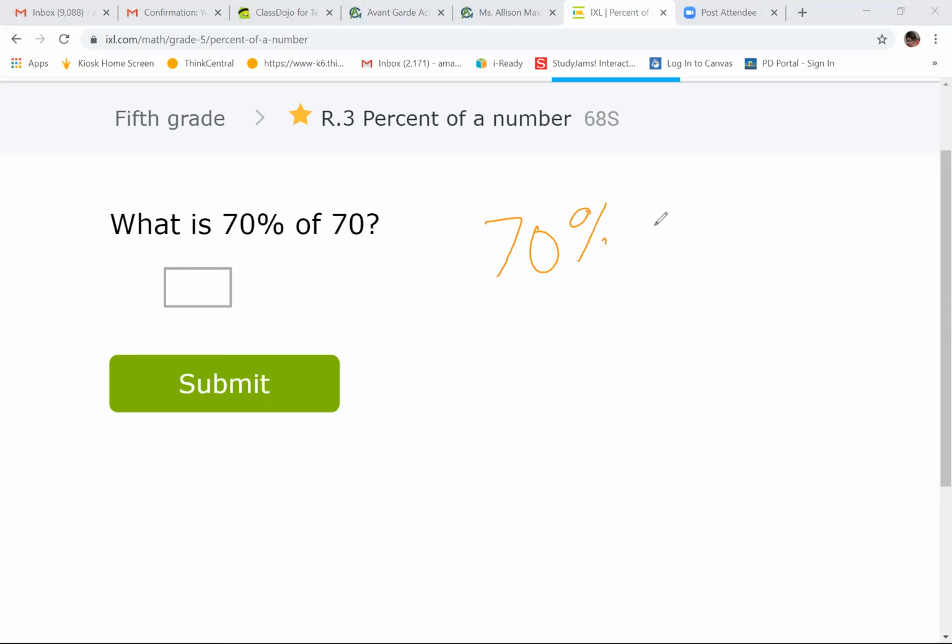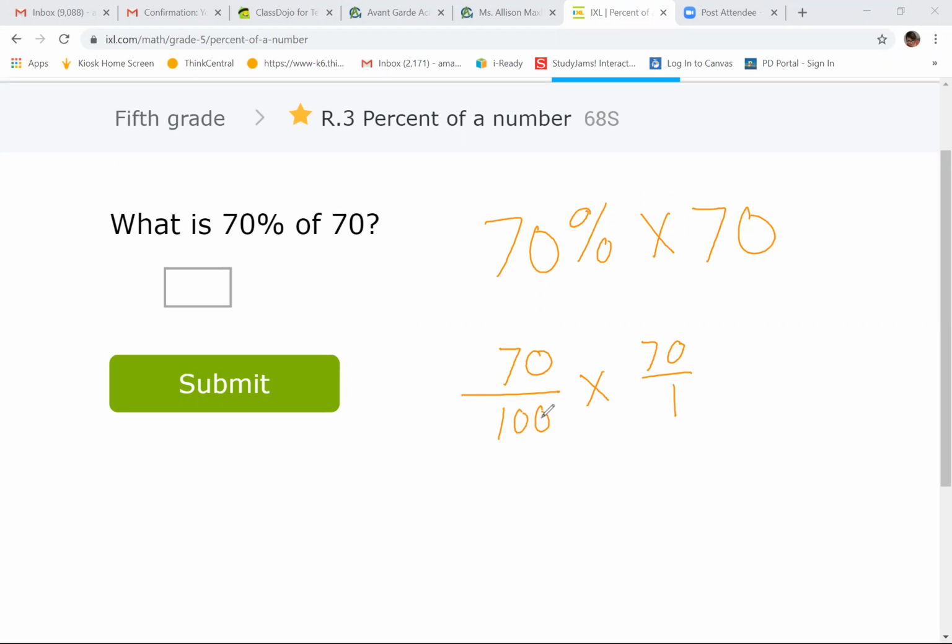Okay, pencil ready. 70% of 70. Use whatever strategy you want. Pause the video and solve this problem. All right, I'm going to use 70 out of 100 times 70 over 1. And look what I'm going to do. I'm going to make my life easier.